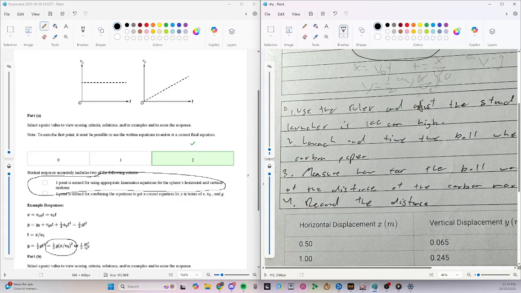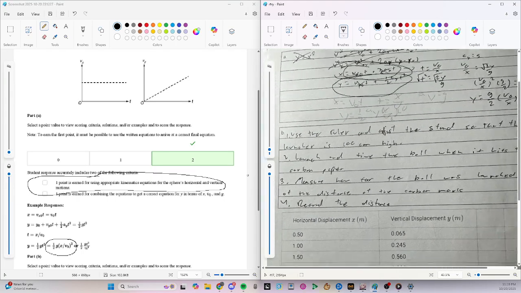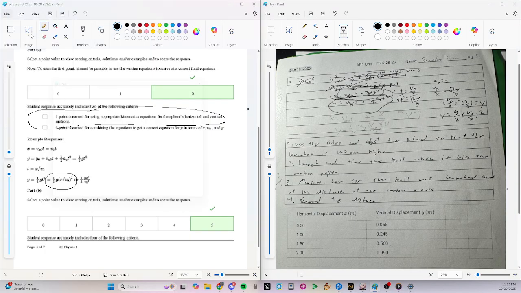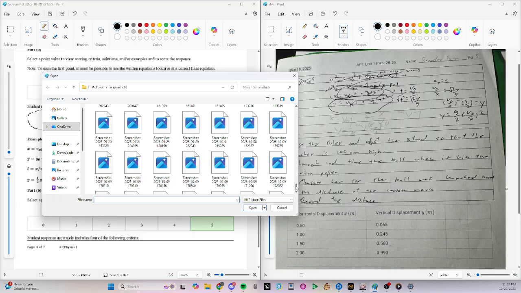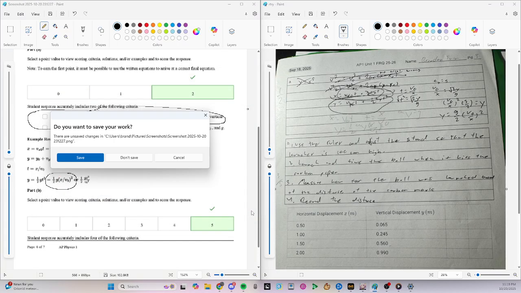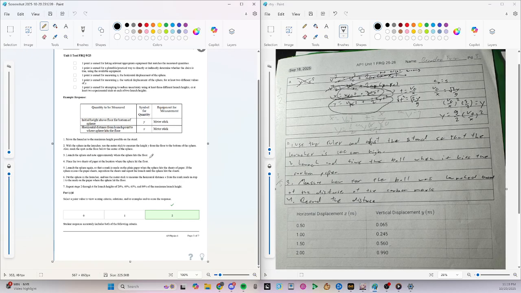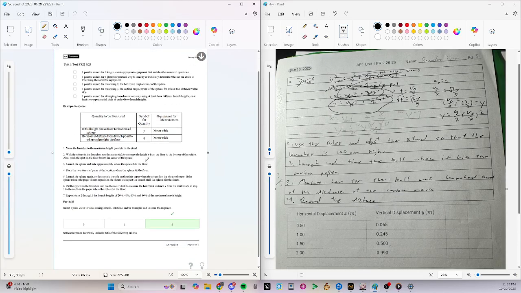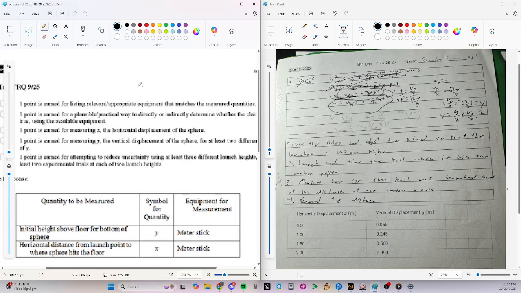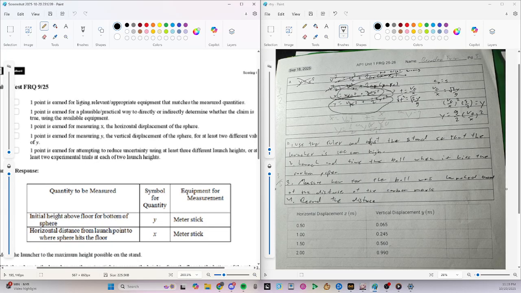And this next one, I gave myself a 3 out of 5, because I got this point for listing the appropriate equipment.